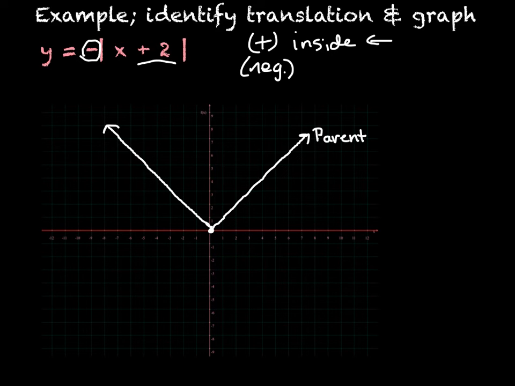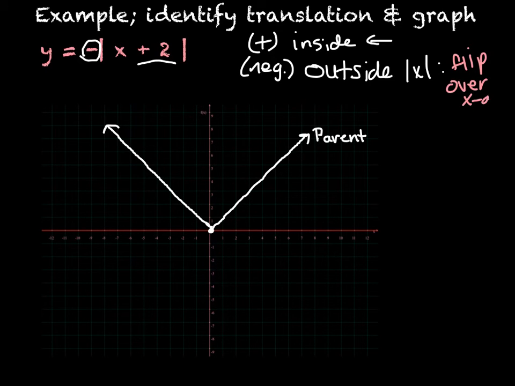And if it's a negative on the outside of the absolute value of x, like we have, then we're going to flip over the x-axis. Alright, so we're going to move to the left 2 from the plus 2, and then we're going to flip it over the x-axis.